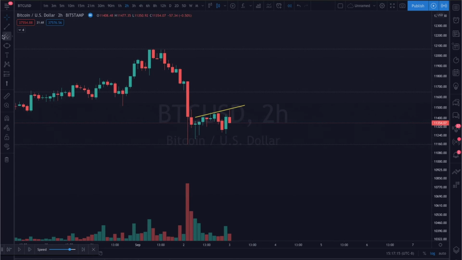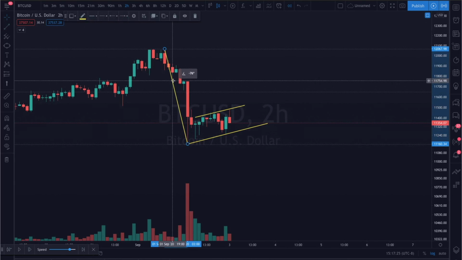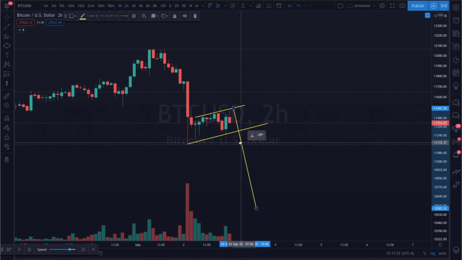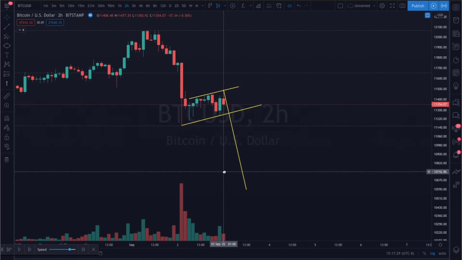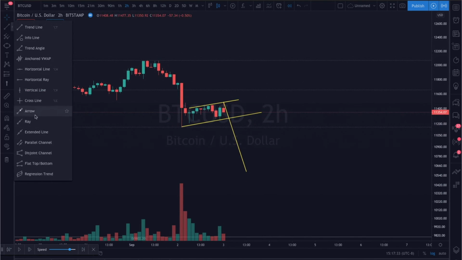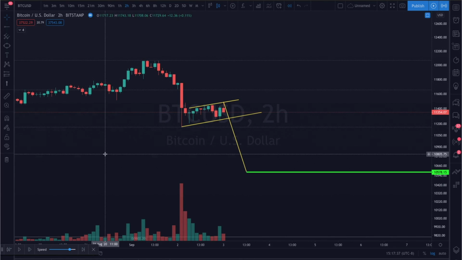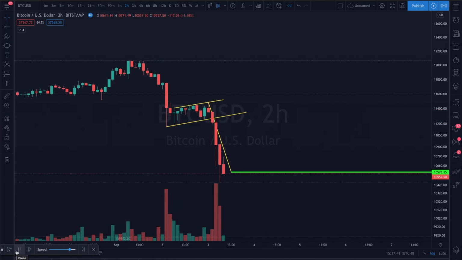The continuation pattern is complete once price action breaks below the lower trend line of support, and a typical target or measured move is measured by subtracting the length of the flagpole from the price associated with the top of the flag. These are also called half-staff patterns, something that I may or may not have mentioned when it came to bull flags, but you take the measured move essentially the same way for both of these patterns, just in reverse.